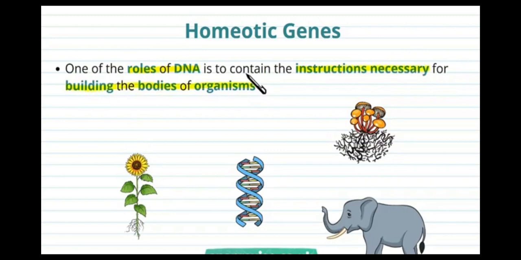Then we see still higher animals like fishes, reptiles, birds, and mammals. When we see all these animals, we can draw one thing: that all these organisms have a certain body plan.